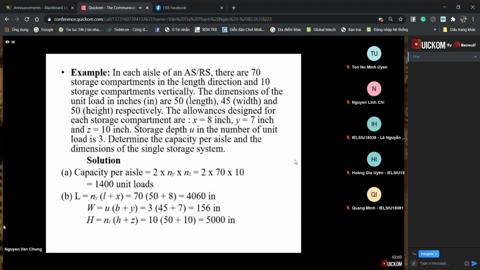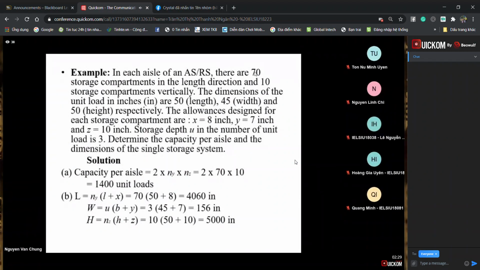We use the formulas. First, you see the capacity per aisle. You know in the aisle you have two racks, both sides. Now you see this is two multiplied by N Y, so like that.